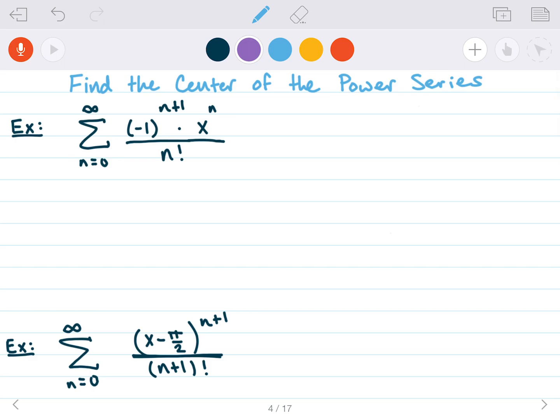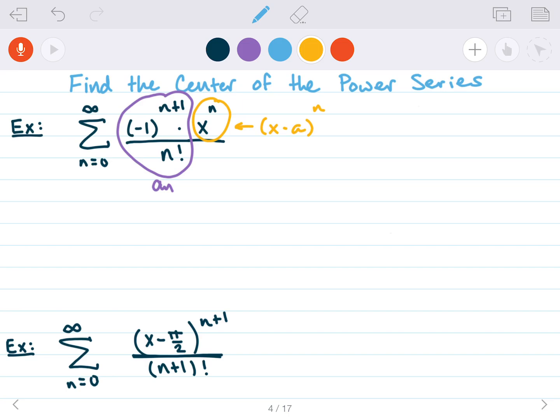All right, so you want to identify what is your a sub n and what is your x minus a to the n term. Well, our a sub n isn't going to involve the variable x, so it's going to be all of this. This is our a sub n. And then the rest of it is going to be our x minus a to the n.